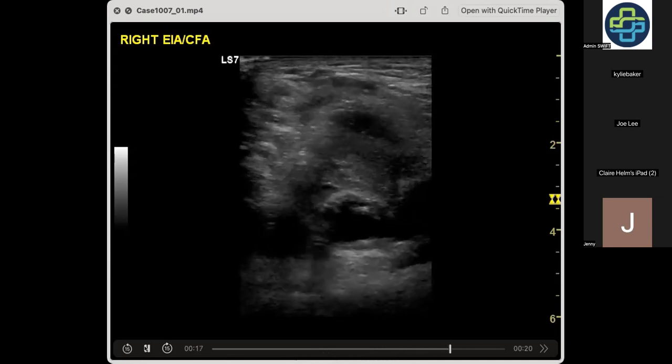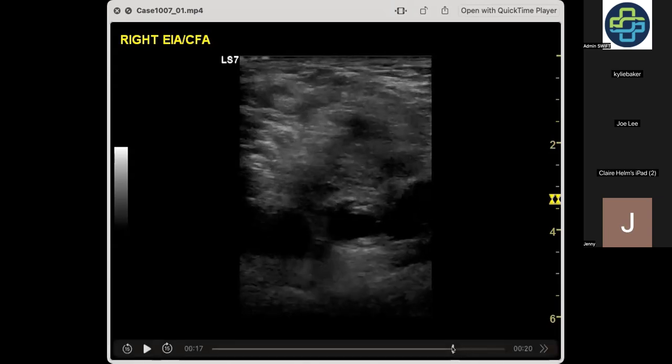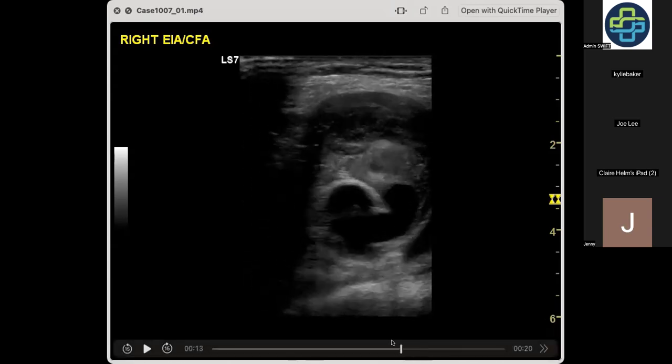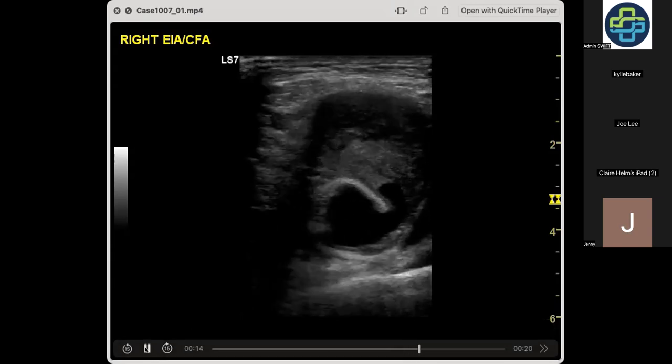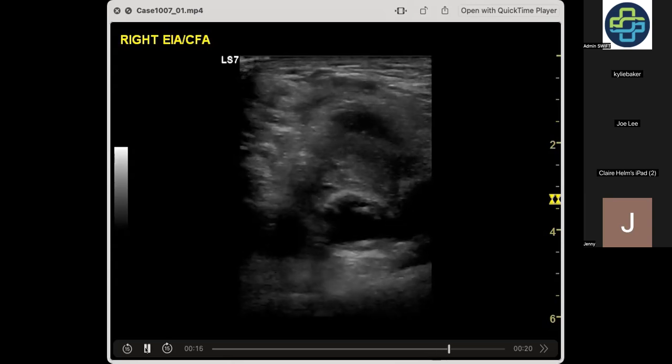Ideally, it's a little hard to say whether that's a true aneurysm or a pseudoaneurysm, because I don't know where the actual wall of the common femoral artery is. This might actually all be a femoral artery aneurysm. The fact that the stent appears to end down here means it might be a pseudoaneurysm.